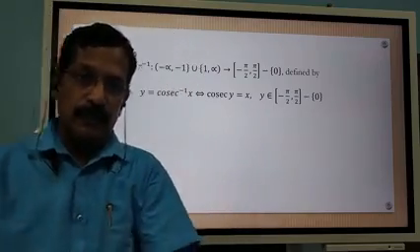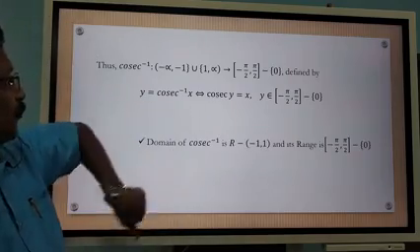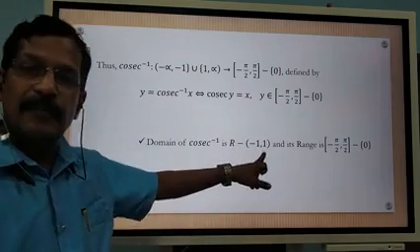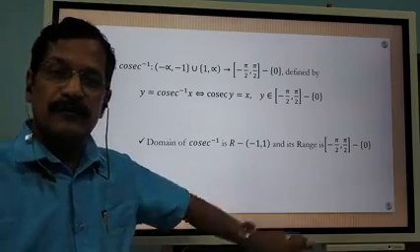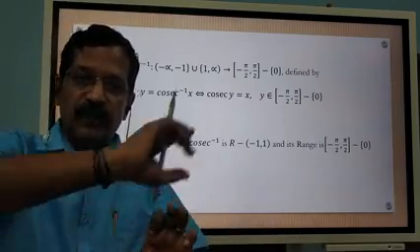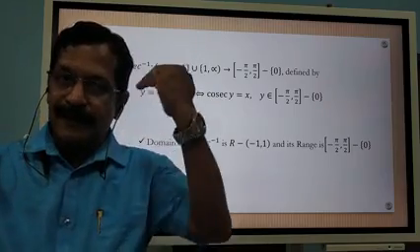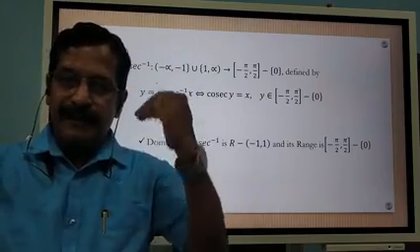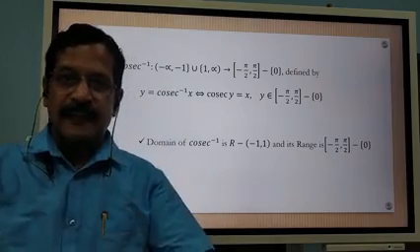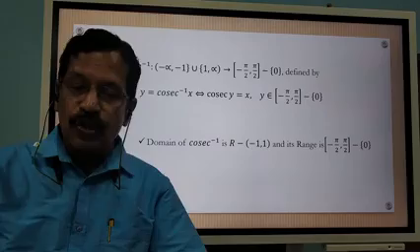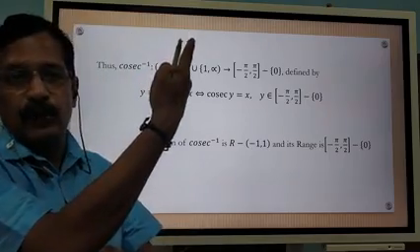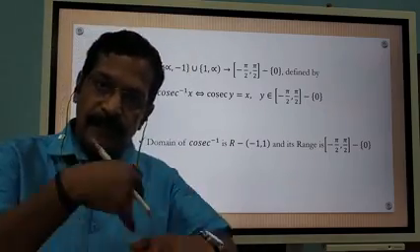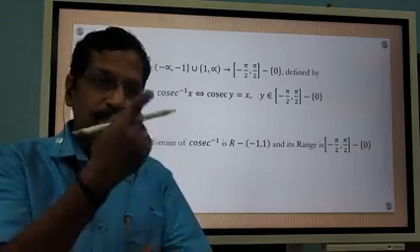Now what is the domain of cosec inverse? Domain of cosec inverse is R minus open interval minus 1, 1. From the set of real numbers, the open interval minus 1, 1 is excluded. That is, the domain is the set of x such that x is less than or equal to minus 1 or x greater than or equal to 1. We can write that domain in another way, modulus of x greater than or equal to 1.